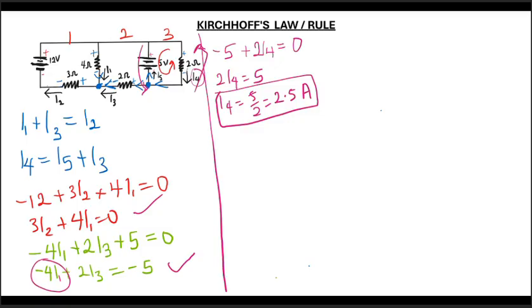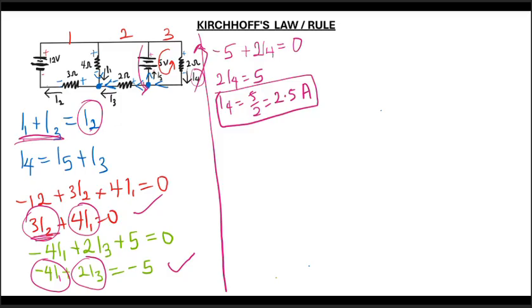This is minus 4I1 and 4I1, so I can decide to leave I1, but this one has I3 and this one has I2. So I can change either of them to I1 and I3. Now I2 is equal to this guy here, so let me change my I2 to I1 and I3, so I will work with I1 and I3.